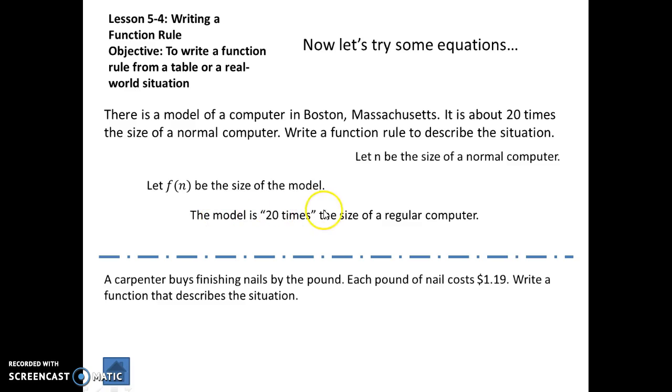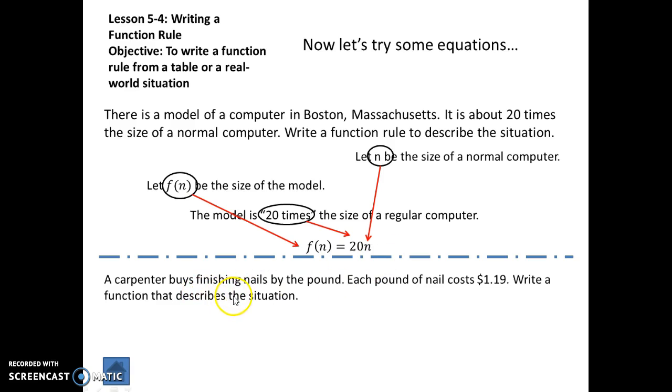The model is 20 times the size of a regular computer. That's really important information, so we want to take note of that. To write our equation, we have f of n equals 20 in front of our n, since the 20 times becomes a 20 in front of n, the size of our normal computer.